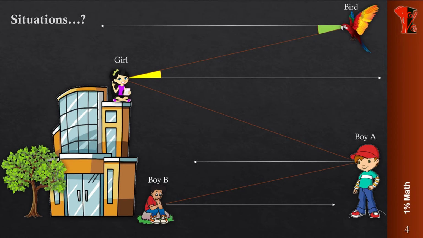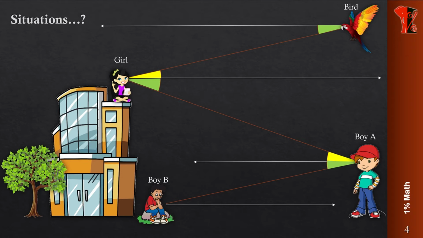Now let us see, the girl is watching boy A. She has to tilt her head down, so it is going to be the angle of depression. Imagine the boy is watching the girl. He has to raise his head, so that is going to be the angle of elevation. Now in case the boy watches another boy B, he has to tilt his head down, so that is the angle of depression.